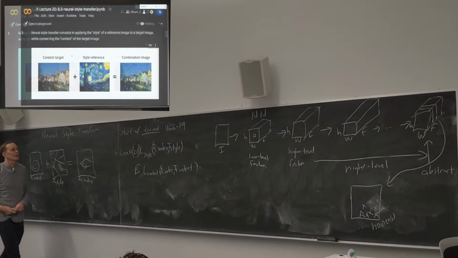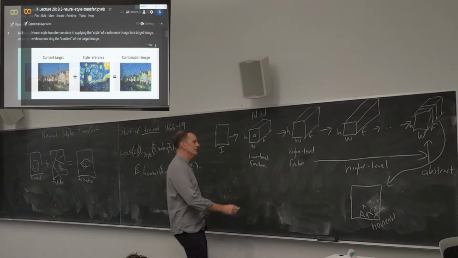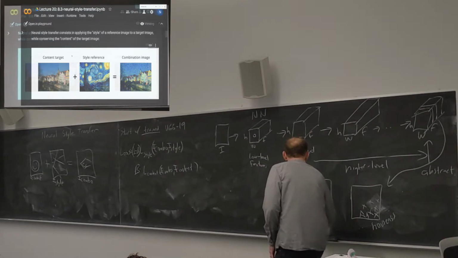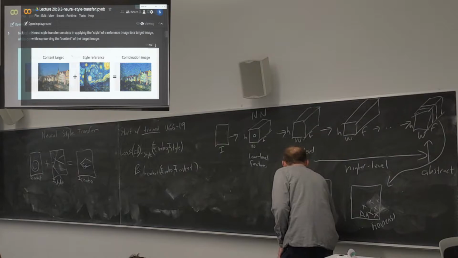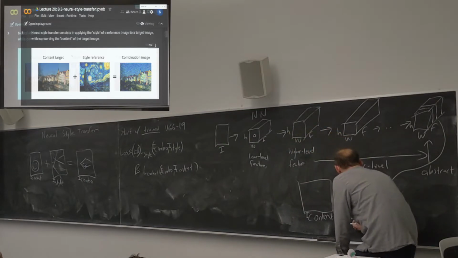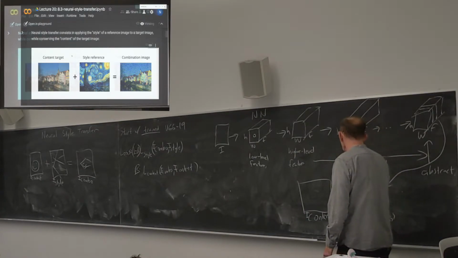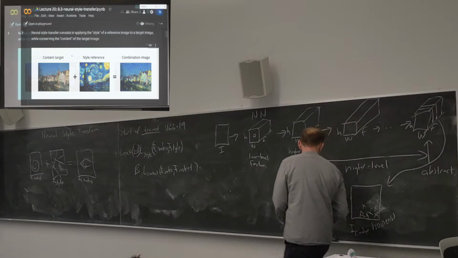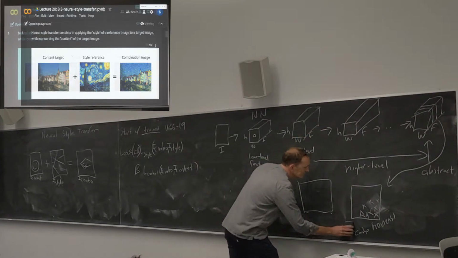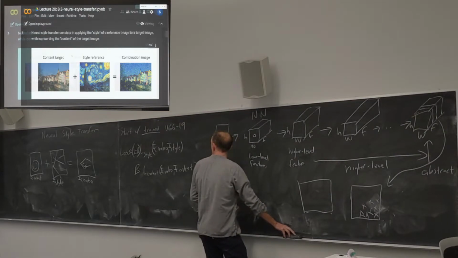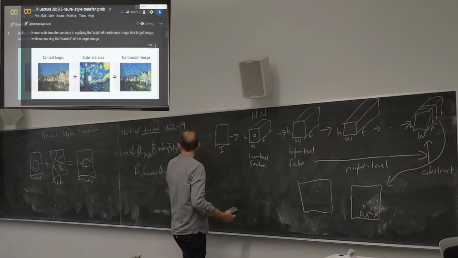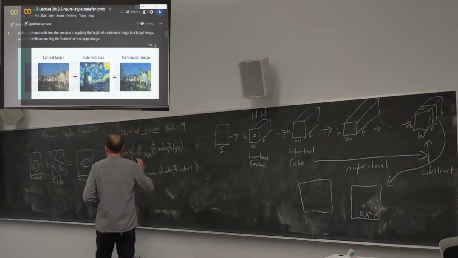So let's compare, for this feature, the content image and the combo image. And I guess it's not really the case, so let me fix this a little bit. We are going to come over here.